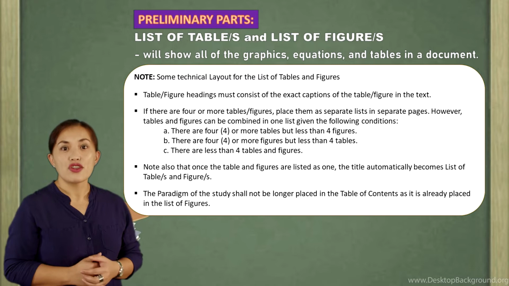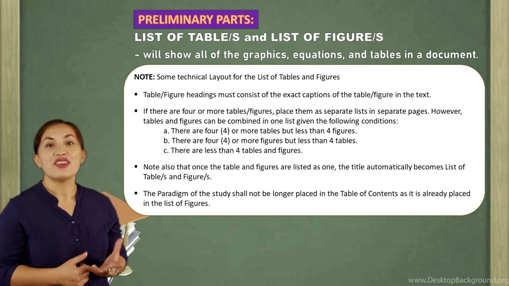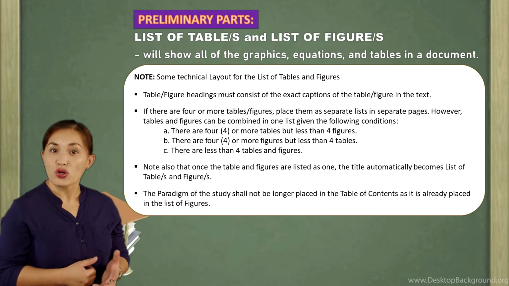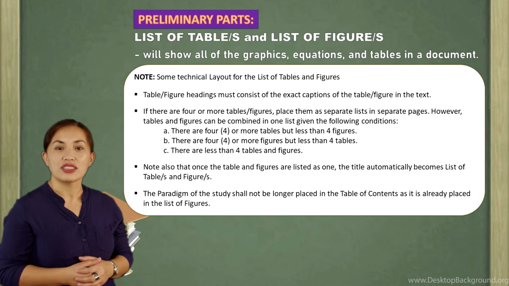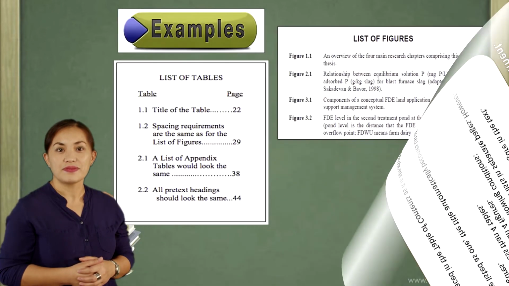And C. There are less than 4 tables and figures. Note also that once the tables and figures are listed as one, the title automatically becomes List of Table or Tables and Figure or Figures. The paradigm of the study shall no longer be placed in the table of contents as it is already placed in the list of figures.